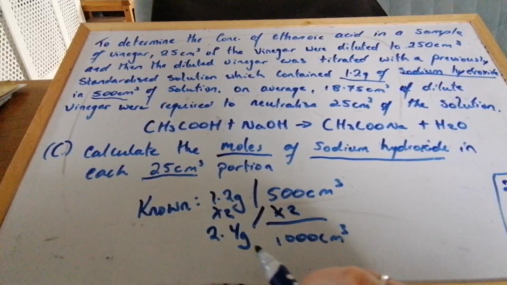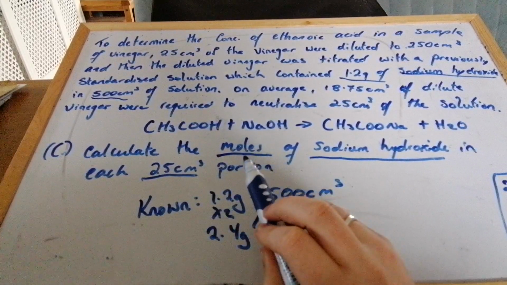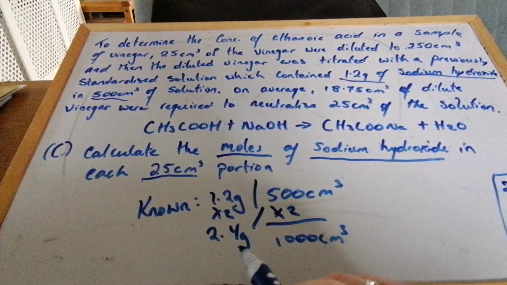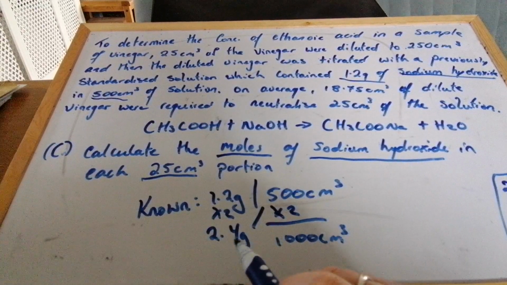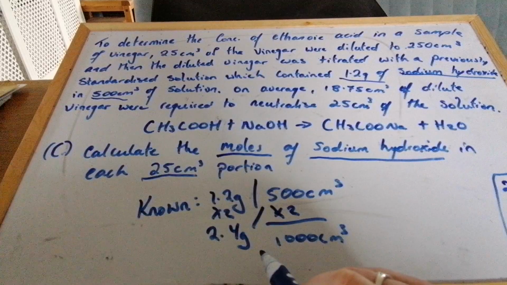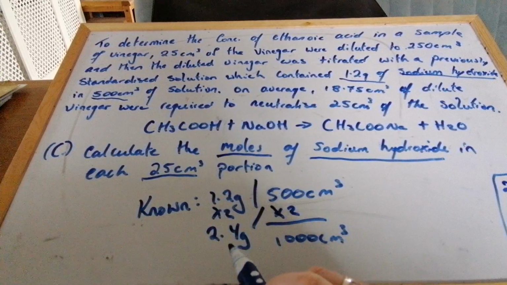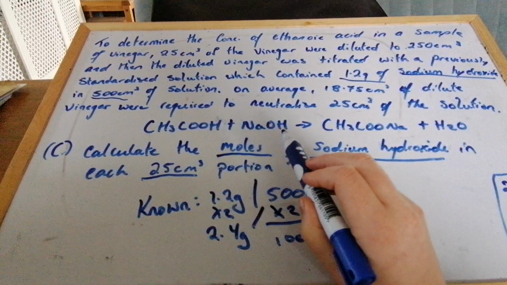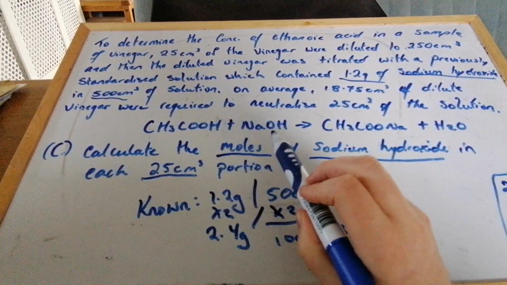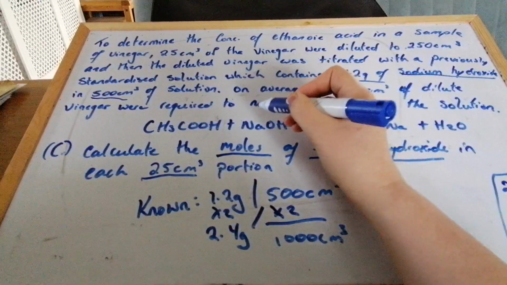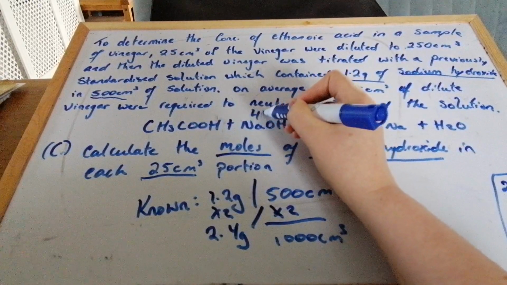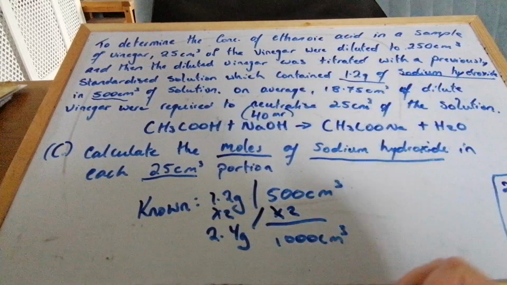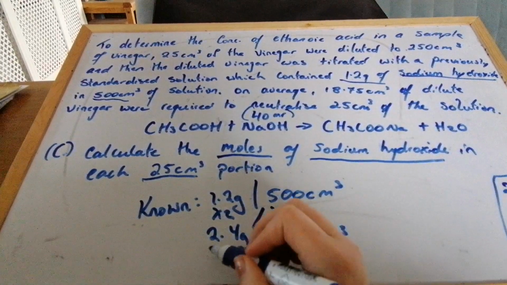Now I need to recognize that I need moles. So I'm going to find molarity first. How do you find the number of moles if you've been given the mass? You have to divide by the molecular mass. Okay, so you have your NaOH, so you find out what the molecular mass of this is, and when you add it all together, it's actually 40. So the Mr is 40. You can check that using your periodic table, or you can trust me, one or the other.